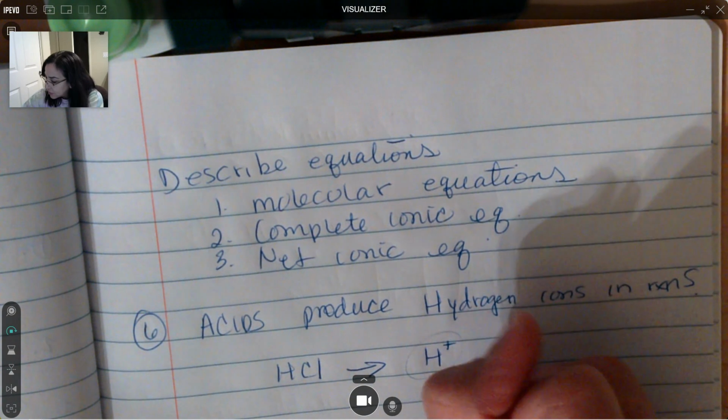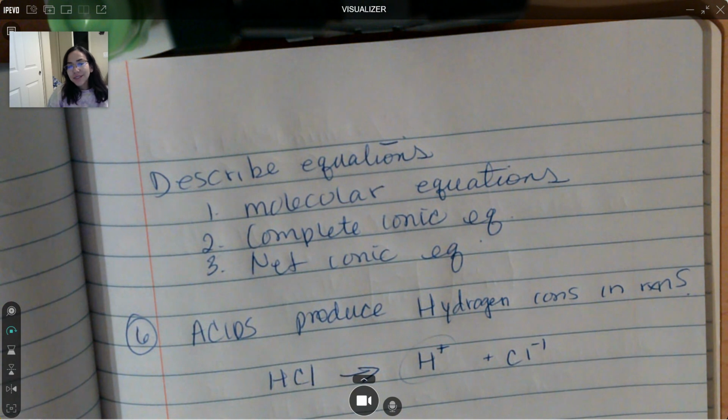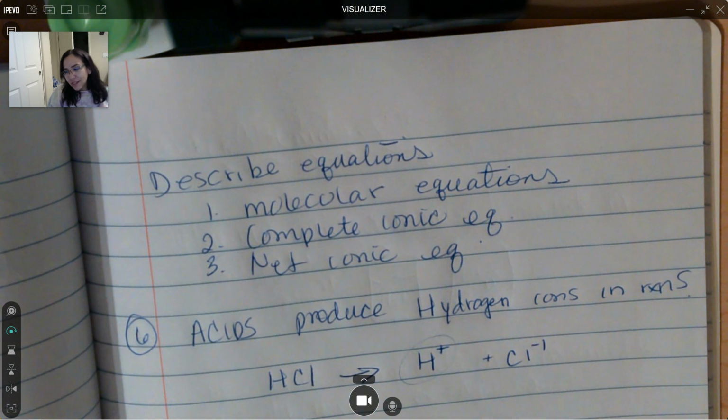It's not going to be diatomic, it's not going to be H2. It's not an elemental state. It is actually an ion state. So our acids produce those ion states.